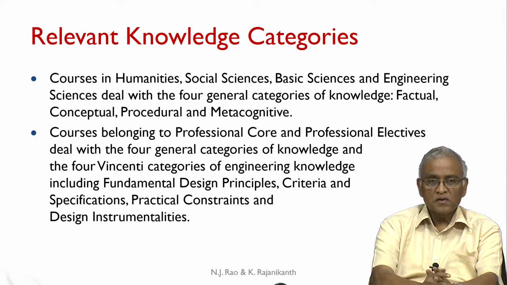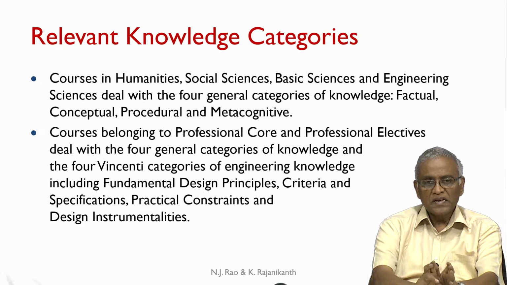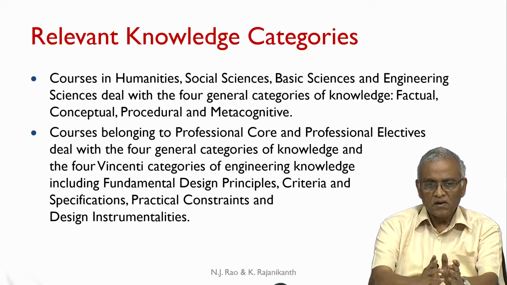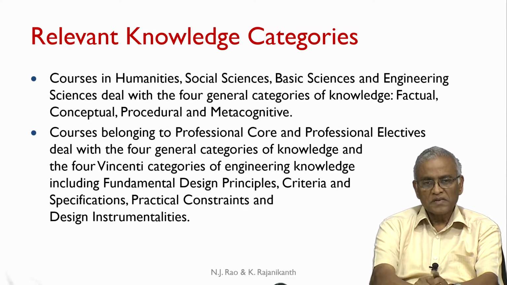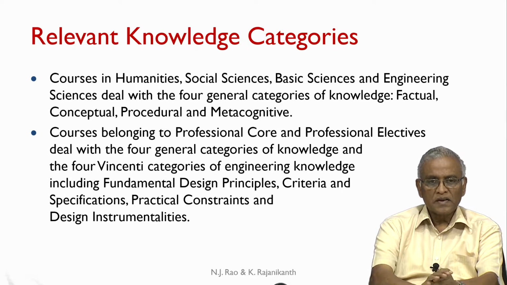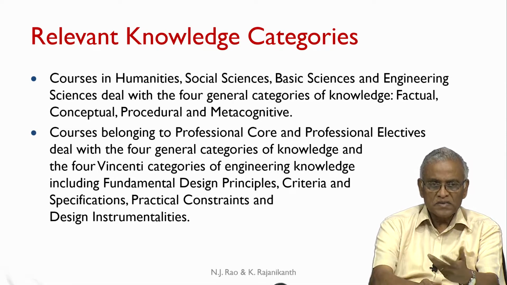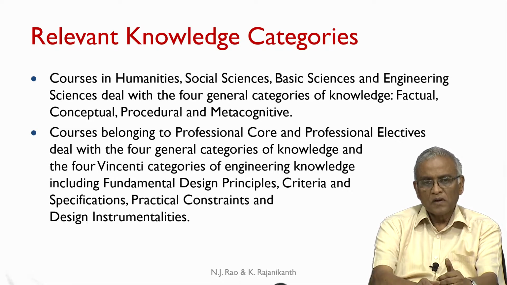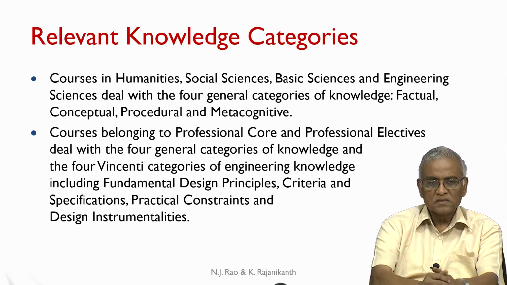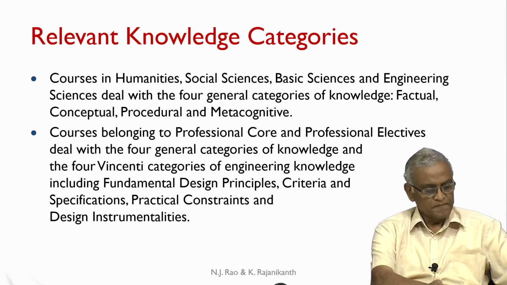Whereas courses belonging to professional core and professional electives deal with the 4 general categories of knowledge and the 4 Vincenti categories of engineering knowledge, including fundamental design principles, criteria and specifications, practical constraints and design instrumentalities. When you come to open electives, the way an open elective is designed can belong to the first category or to the engineering category. That is the choice of the course designer.